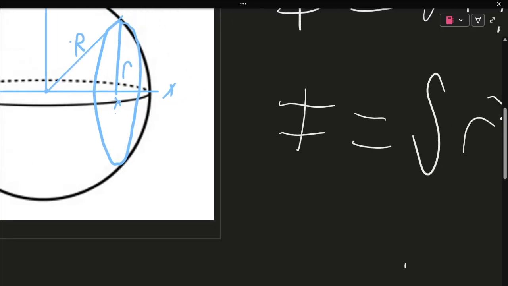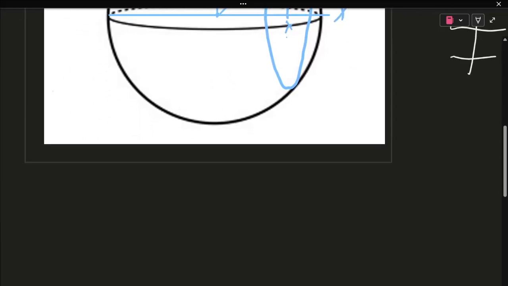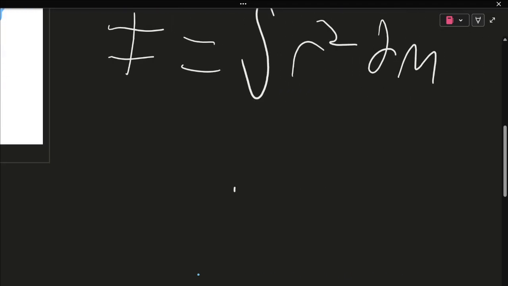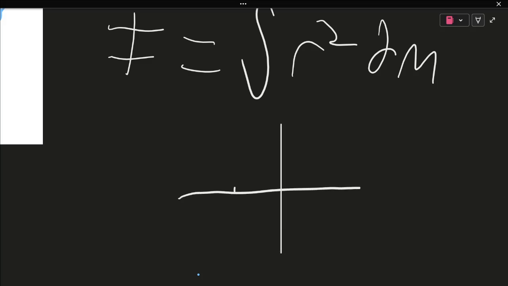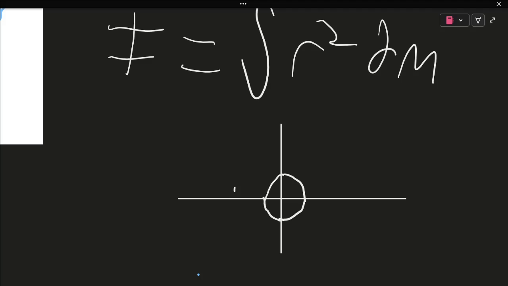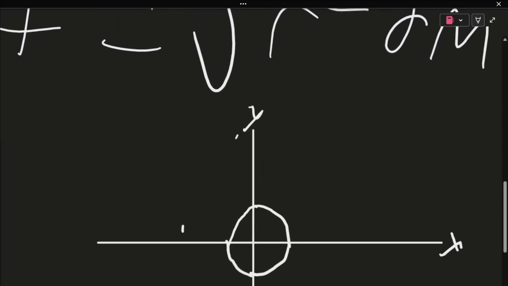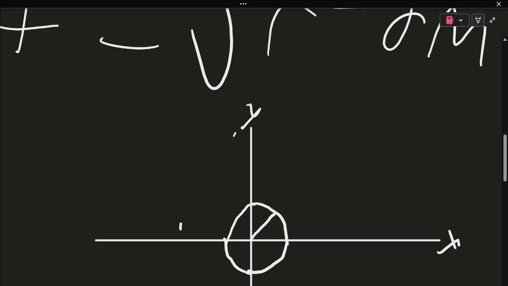Now, let's draw this out in a little more 2D space. We're going to say that we have an x and a y axis, and we're going to draw a circle. We have our x and our y, and now we have big R and a little r.